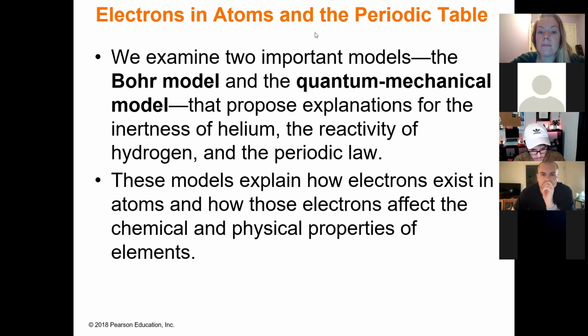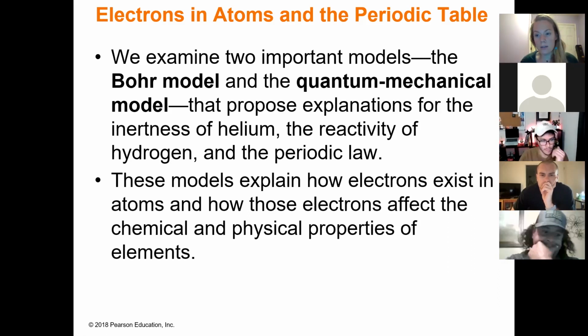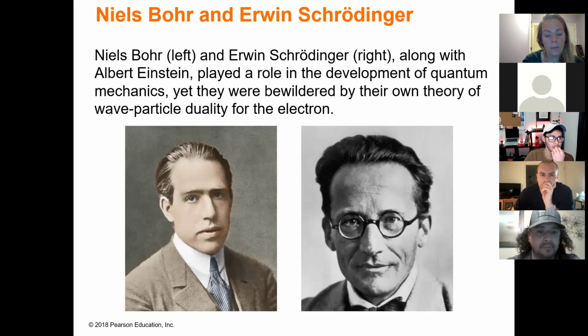We have a more advanced model called the quantum mechanical model that helps to explain everything the Bohr model can explain plus more. Both of the models are useful. The Bohr model is useful in that it's so simple. It's easier to teach people who don't know a lot about chemistry the positioning of electrons, but the quantum mechanical model just has more predictability power. So we'll look at both of them.